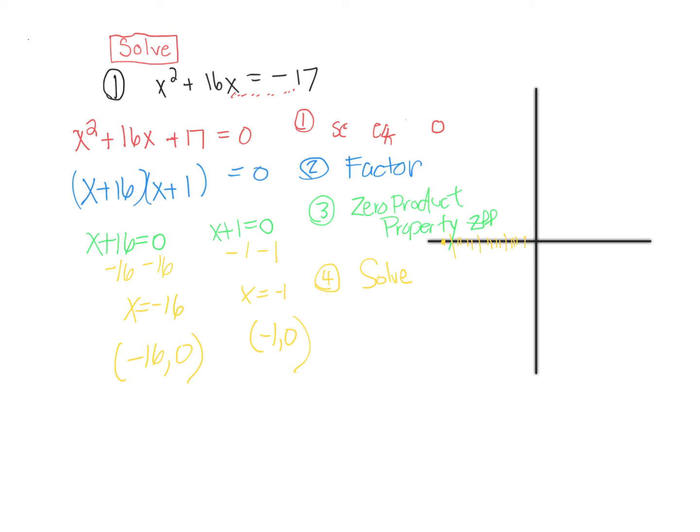Negative 16, 0, and the point negative 1, 0, that we know that our parabola crosses over the x-axis, and we already knew that our parabola was open up because our a value was positive. And so a sketch would look just like this.